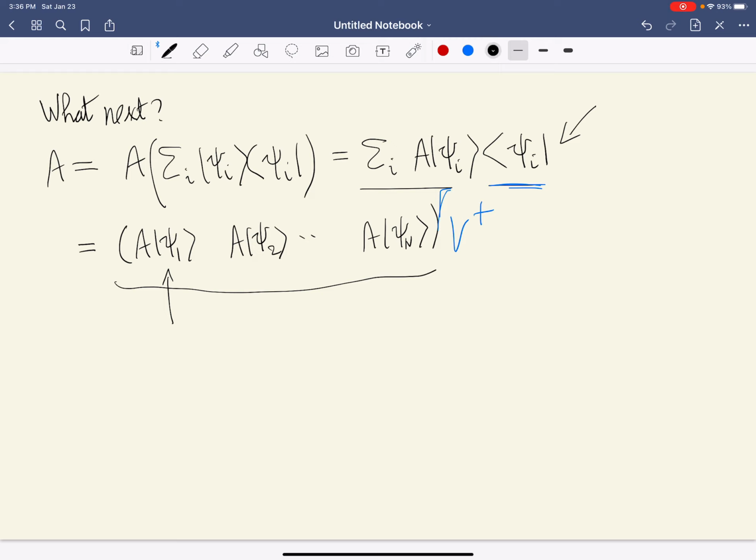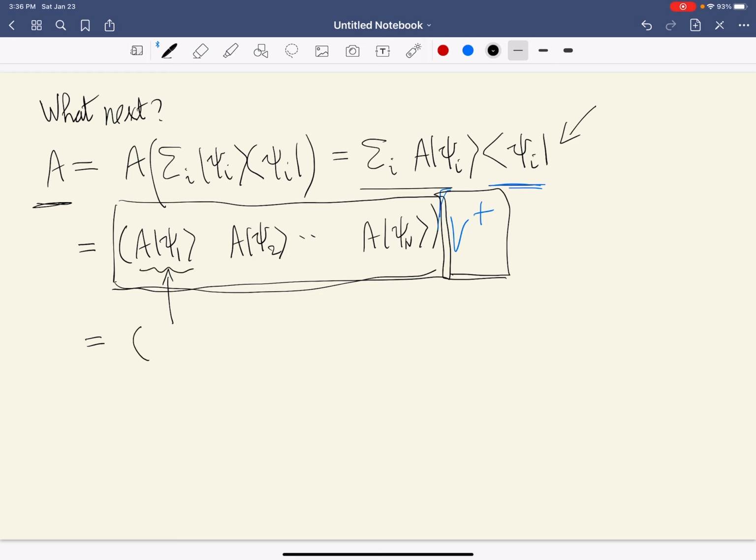So A, the original matrix that we started with, has this decomposition in terms of some matrix multiplied by the unitary matrix V dagger. Just remember that if V is unitary, then so is V dagger. But we're not entirely sure what this is.